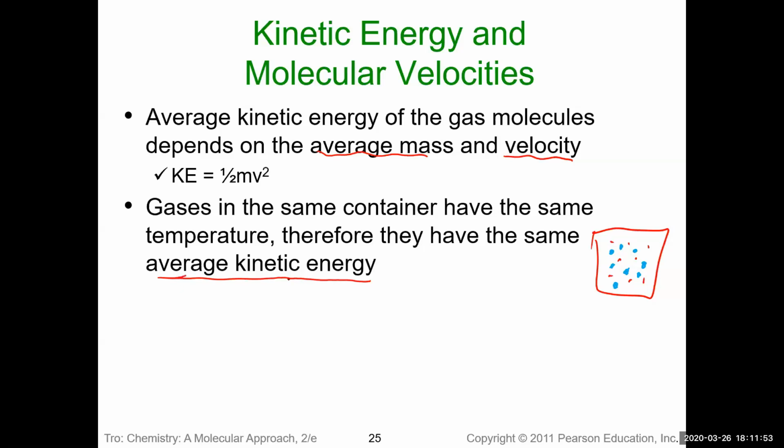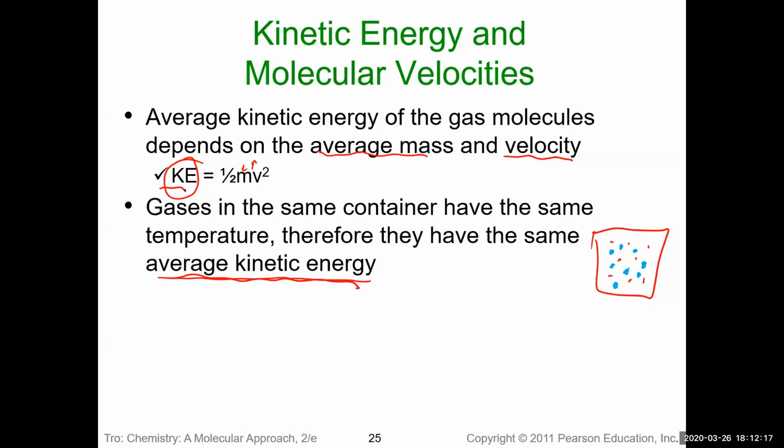They have the same average kinetic energy because kinetic energy is based on mass and velocity, right? So if you have a really, really heavy molecule, it has a big mass but a low velocity. Same kinetic energy. If you have a really, really light molecule, it has a really low mass but a high velocity. So it all equals out to the same kinetic energy.